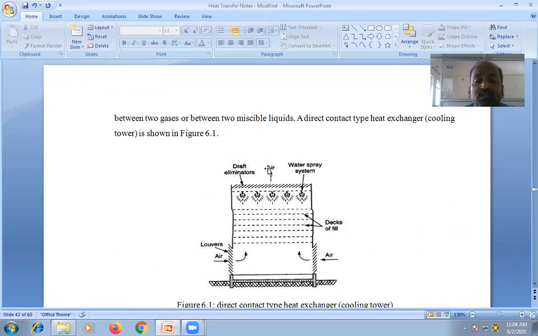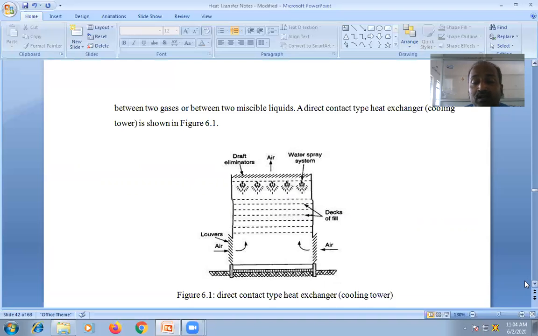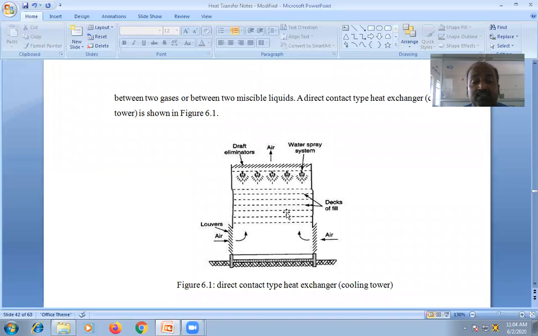Air is given, and this is the cooling tower, and here direct contact is there and the water gets cooled. There are water spray systems, and air goes upward and water comes downward directly. It is a cooling effect.